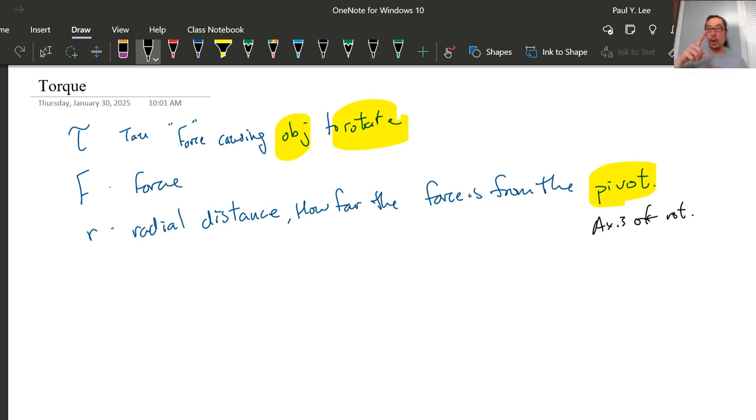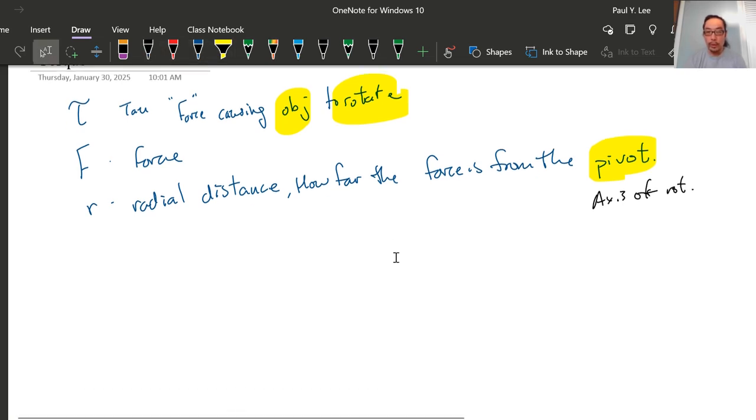Or if you were to get your finger and you were to do this with your finger, the axis of rotation would be at the knuckle joint, right? Or if you were to swing your arm around in a circle, the axis of rotation would be at your shoulder joint, right? So with these three variables, we come out with our torque formula, okay?